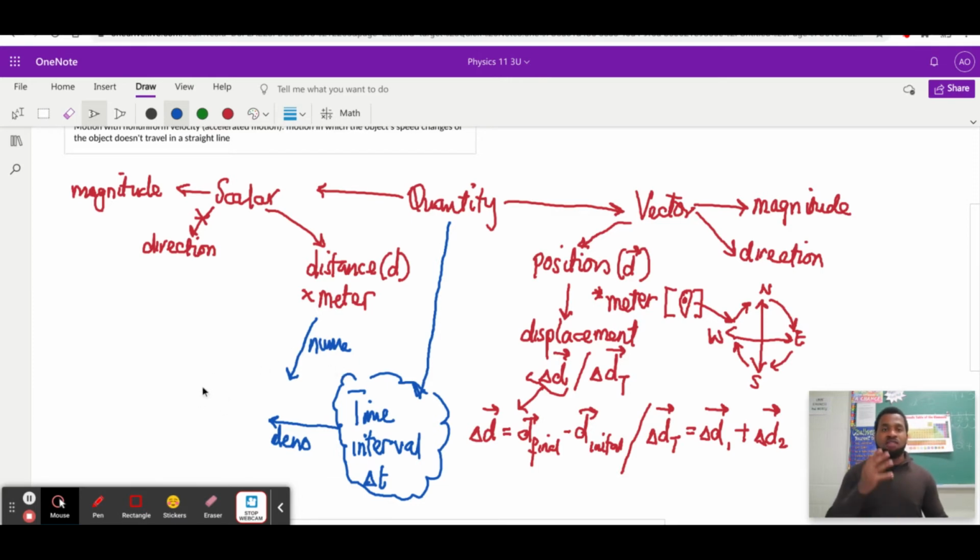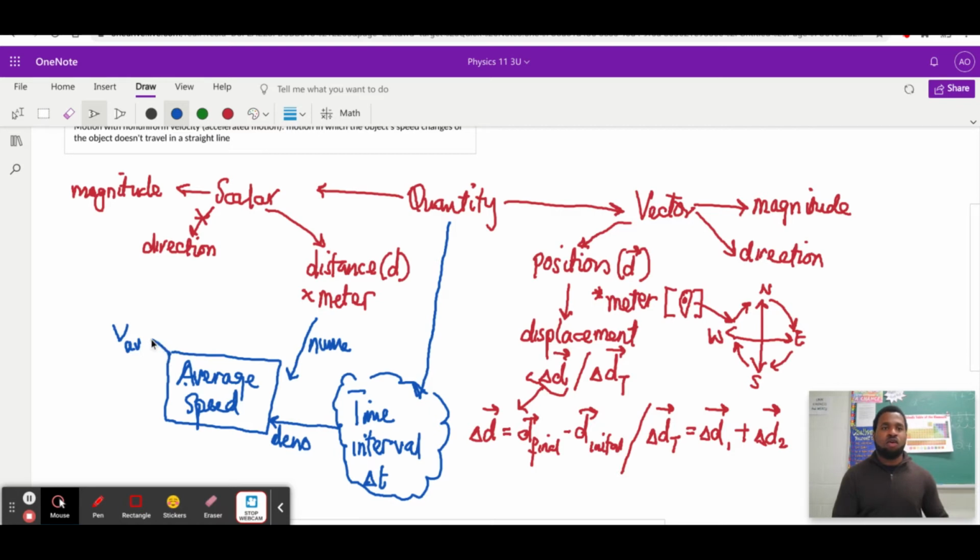This gives us a new scalar quantity which is called the average speed. And the average speed, take note, is symbolized as this particular V with a subscript that is AV, and this, take note, is considered to be a scalar quantity.